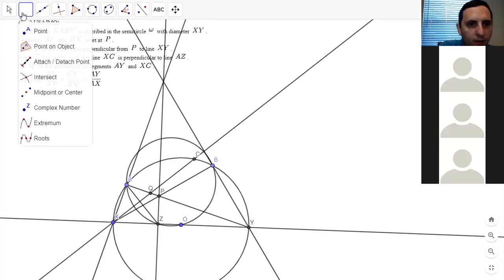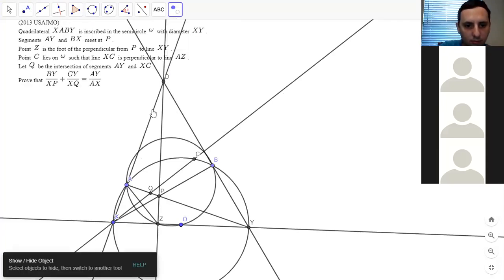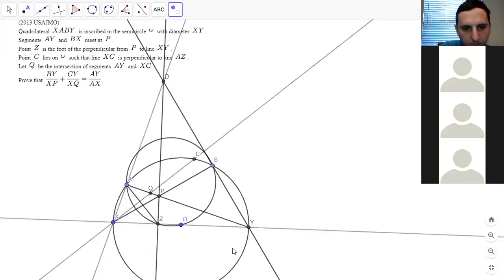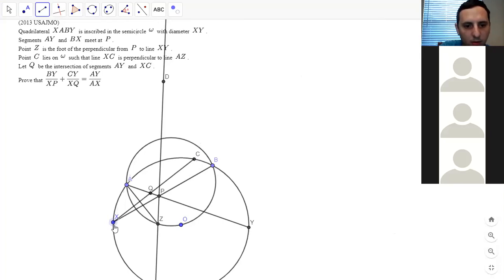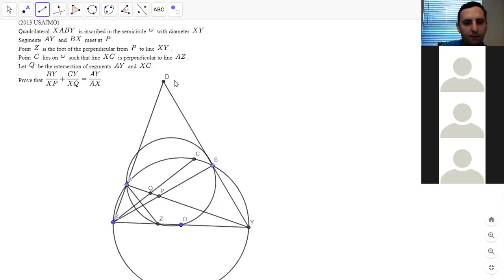We draw this point. Hide a few things. X, Y. Okay, so I want to draw XQC. XC is perpendicular.